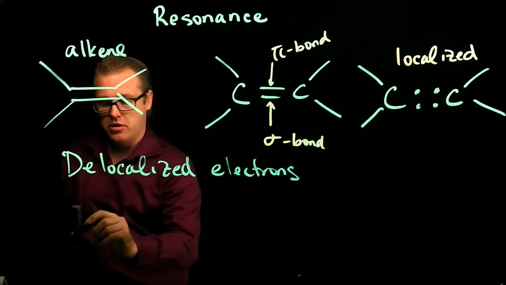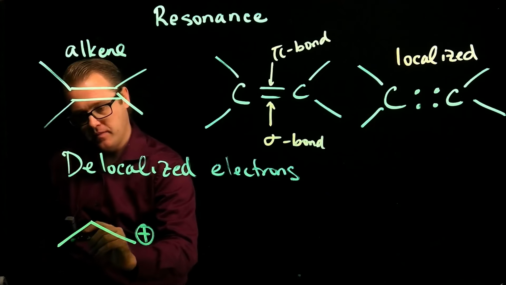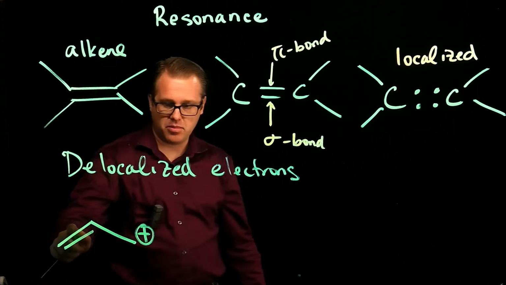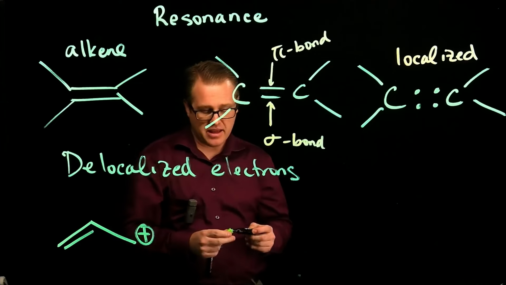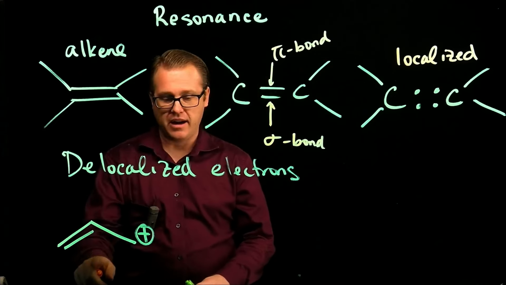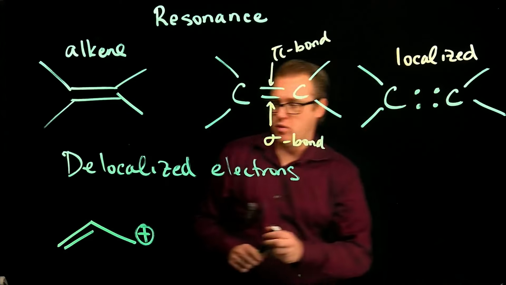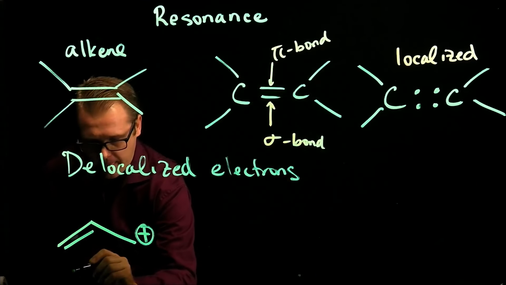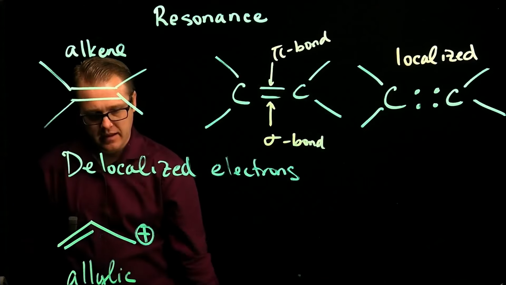But what if we had a molecule that looks like this, where we have a double bond, single bond, and a carbocation? And this structure right here has a name, and I want to spell it right. Can you see that?